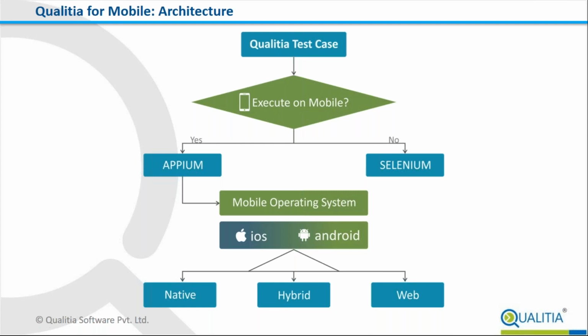So if the steps belong to an automation related to mobile, then Qualisha hands over the execution to Appium in a controlled manner, and then it has enough intelligence in the instructions that Qualisha sends to Appium or Selenium, so that Appium in this particular case can decide whether or not to execute the test case on iOS or Android, and that too in either native, hybrid, or web application, or whatever context is necessary for a hybrid application.